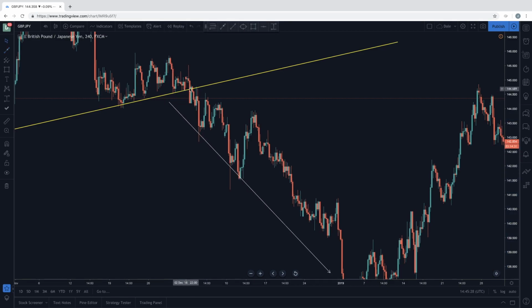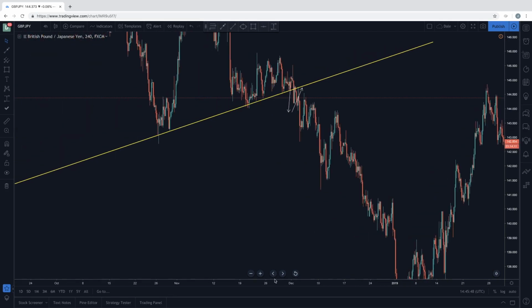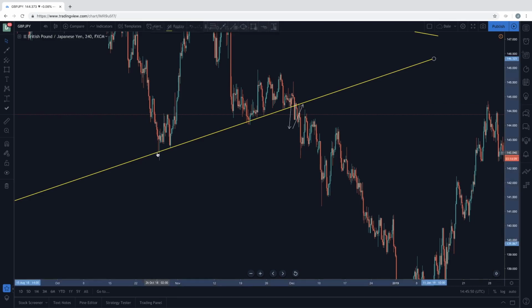But we don't get in when we see the close here, because more often than not, when price breaks a trend line, we will see what's called a retracement. So price will go back up to the trend line, because let's not forget, when we were in the uptrending market, this trend line was incredible support.